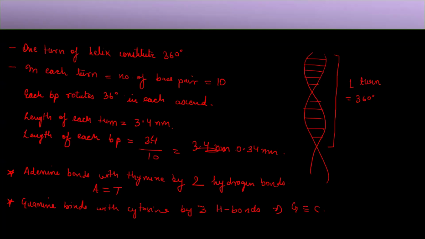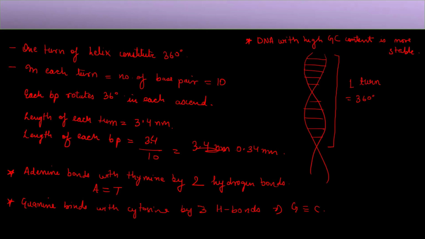Since we know that guanine is bonding with cytosine by 3 bonds, it will make the structure more stable, right? And hence the DNA with high GC content is more stable, okay, because it has 3 hydrogen bonds.